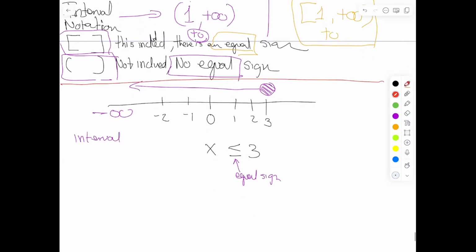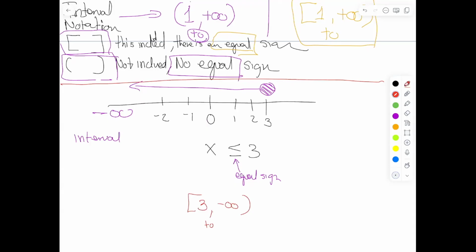It has an equal sign, so I'm going to write a bracket, but there's a convention on how to write this. Since you're going to the left, you write the bracket 3, the positive number, and it goes to negative infinity.